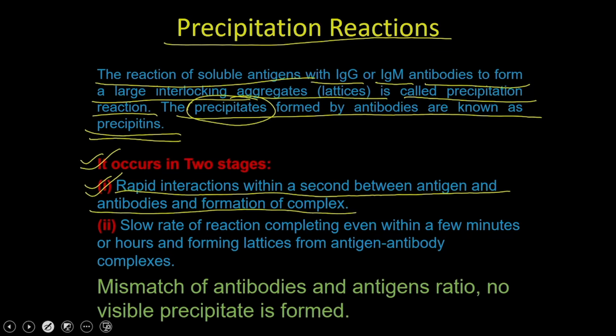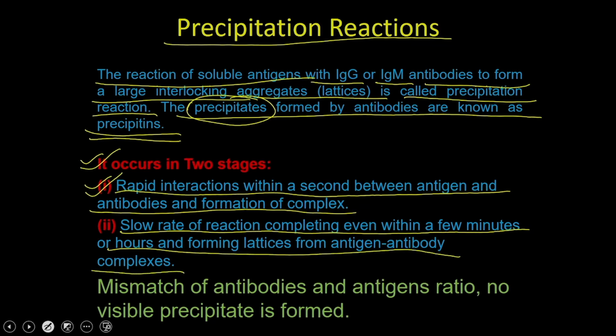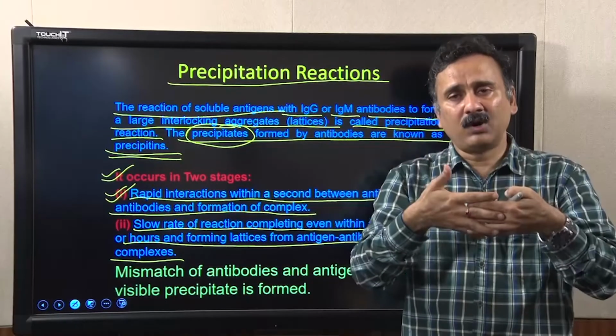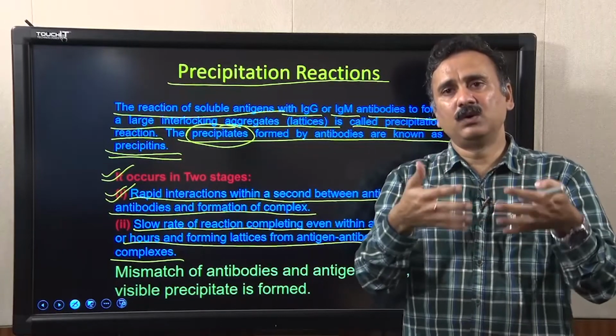Once this stable complex forms, they proceed to stage 2, a slow reaction taking a few minutes or hours, forming a lattice from the antigen-antibody complexes.